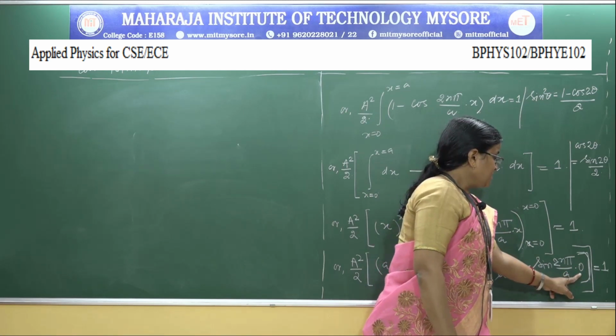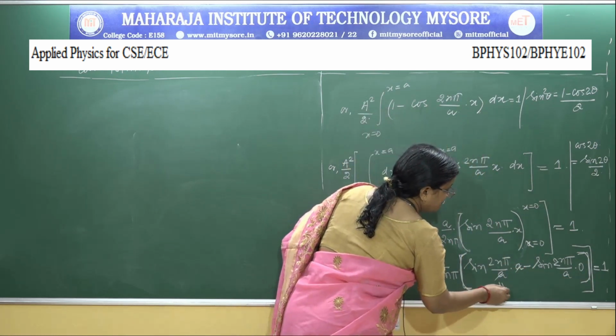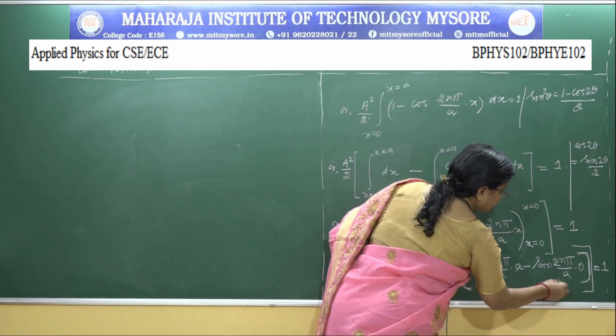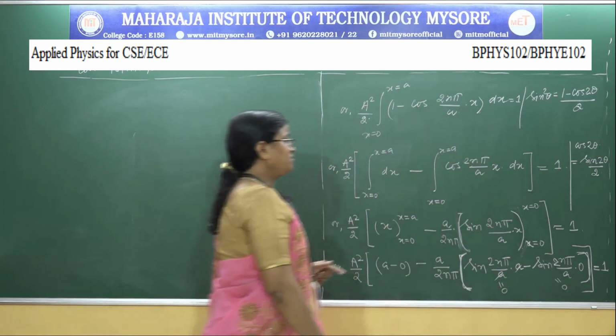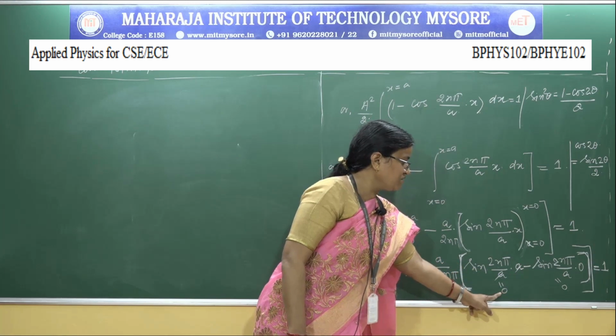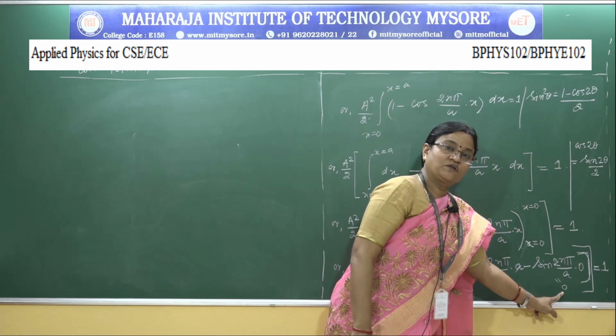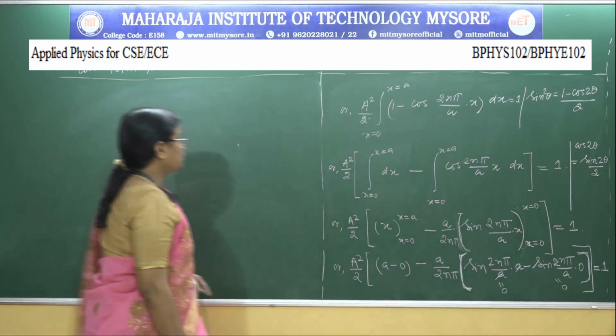So, sin of 0 will be equal to 0. So, this value will be 0 and this value also will be 0. Sin of 2n pi by a into a will be equal to 0, and sin of 2n pi by a into 0 that will also be equal to 0.